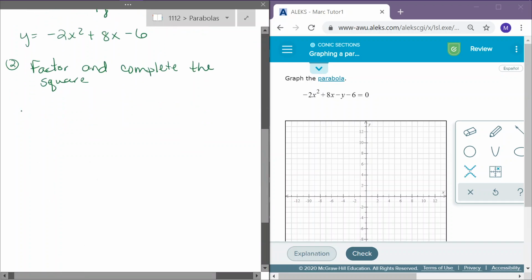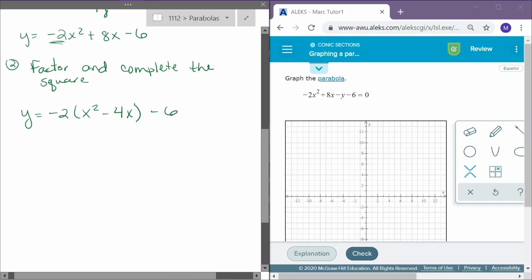So we want y equals, the number in front of our x squared term needs to go away, so we're going to pull that out. Negative 2 times x squared minus 4x minus 6.